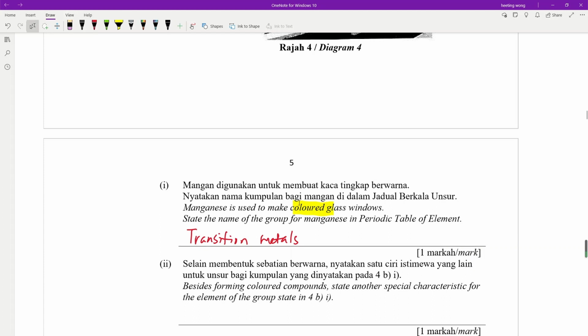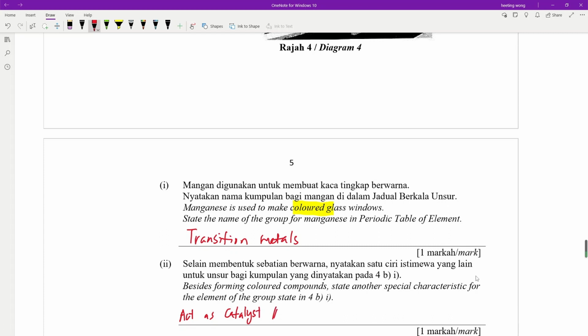Besides forming the colored compounds, state another special characteristic of the transition metals. There are another 3, right? Besides forming a colored compound, you can mention it can act as a catalyst. Okay, what else?